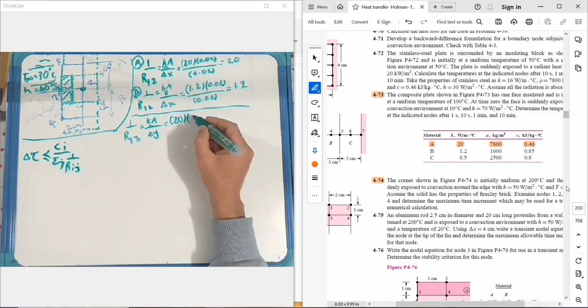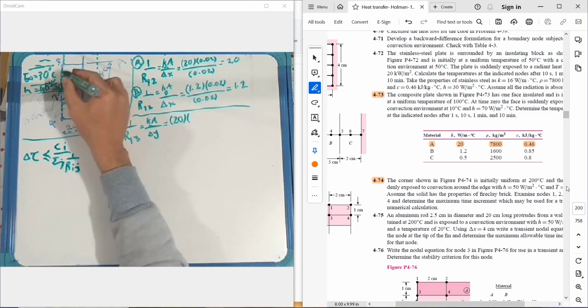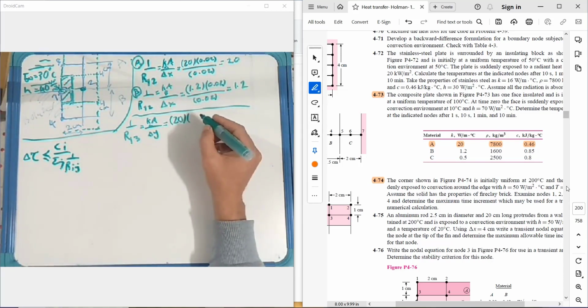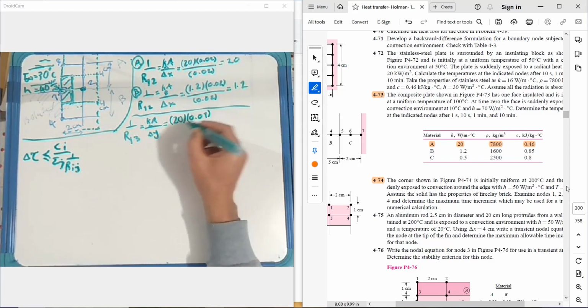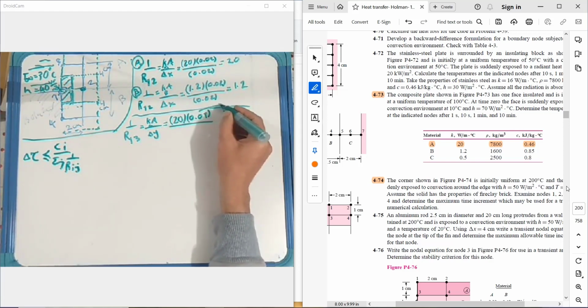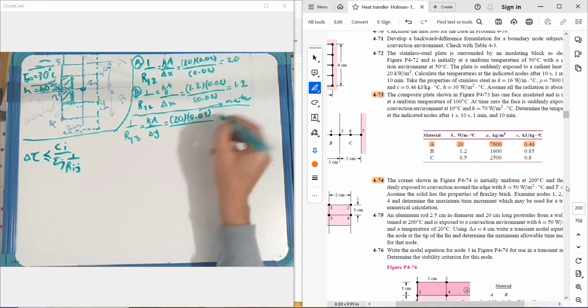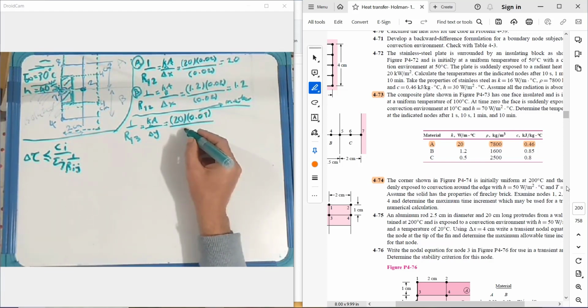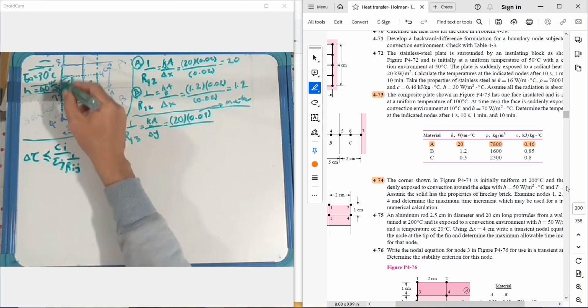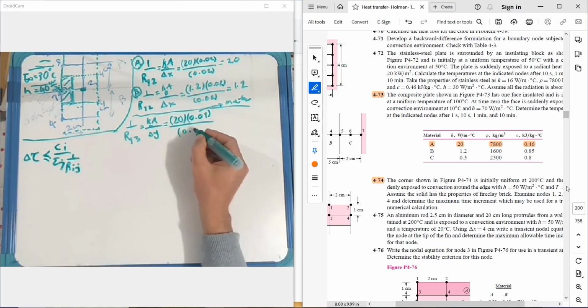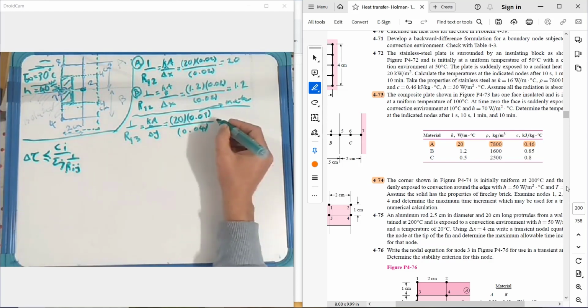What is A from here to here? It should be 1 centimeter. This is in meters. Delta Y, what is delta Y, from here to here? 4 centimeters. The answer will be 5.